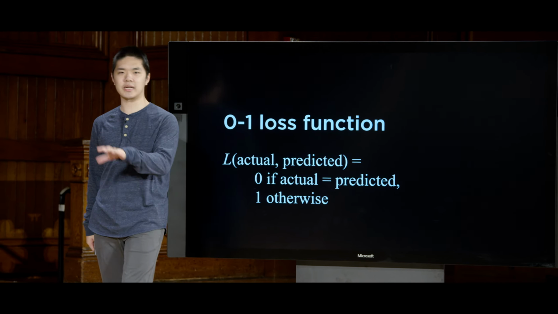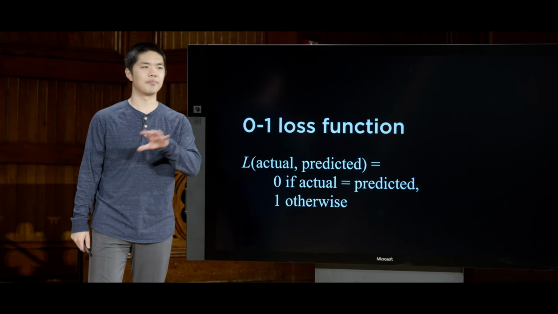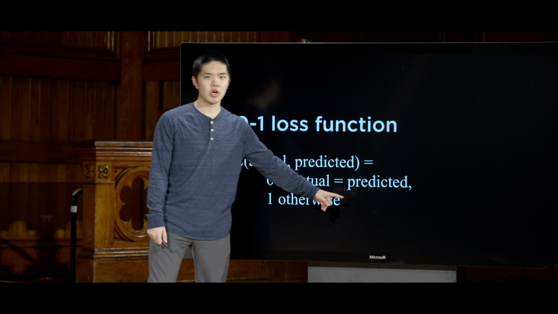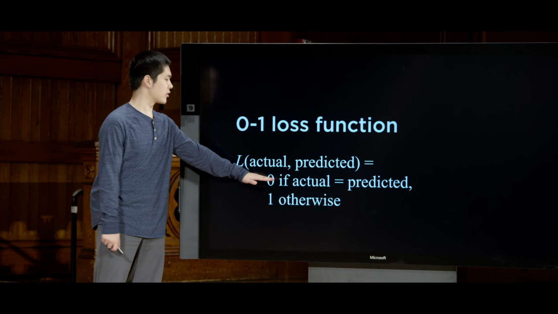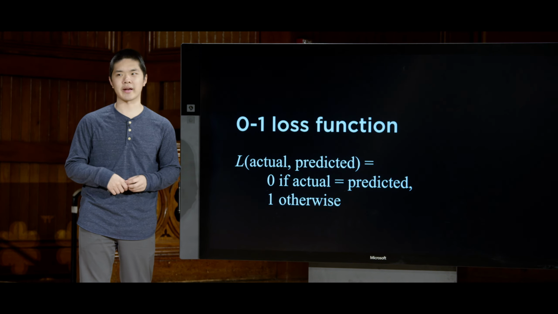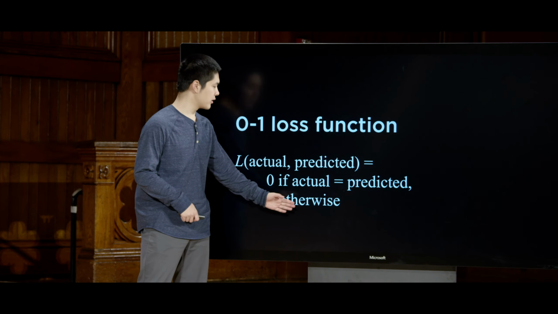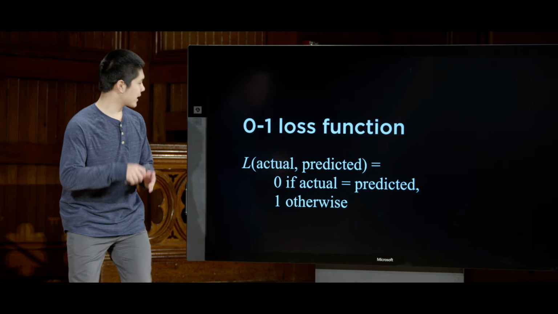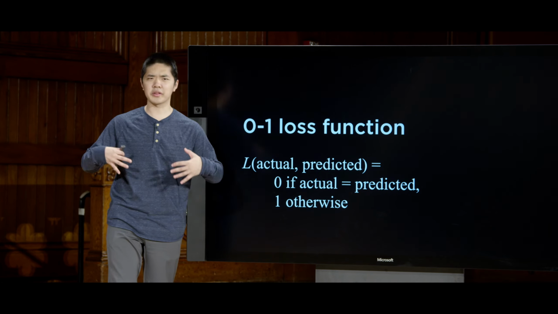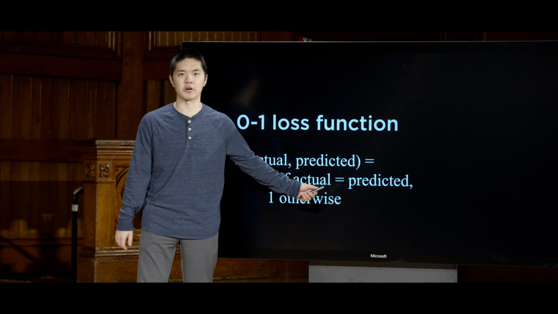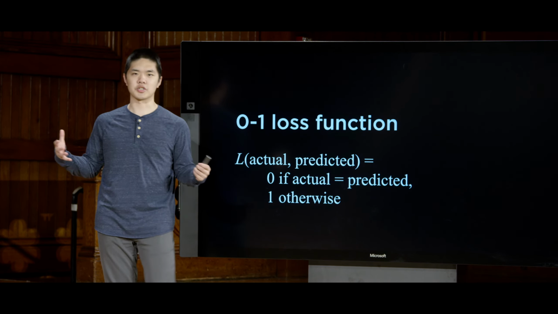Did we predict, given this data point, that it was raining or not raining? And if the actual value equals the prediction, well, then the 0-1 loss function will just say the loss is 0. There was no loss of utility because we were able to predict correctly. And otherwise, if the actual value was not the same thing as what we predicted, well, then in that case, our loss is 1. We lost something, lost some utility, because what we predicted was the output of the function was not what it actually was.